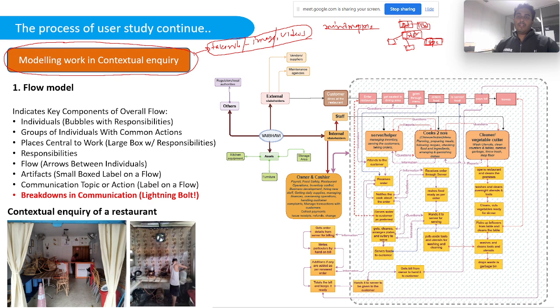So it is better to capture information in such a way that helps you retrieve it later in time.